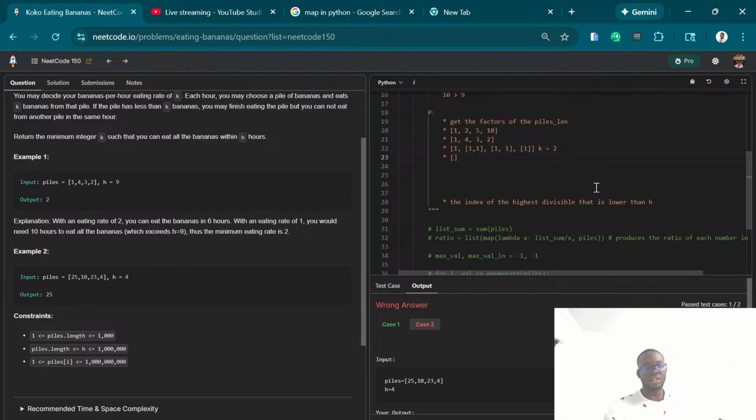so we'll first check, okay, if it's less than the number, we just put it as 1, right? And if it's greater than the number, then we check, okay, how many times can it go into it? There's more than 1.